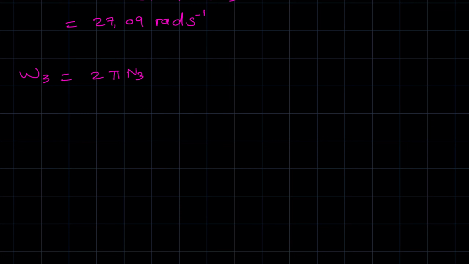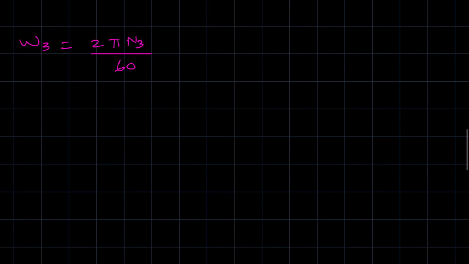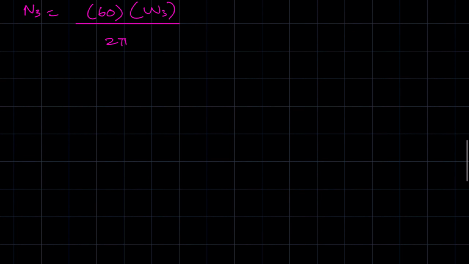Now this has to be in revs per minute, so we divide this by 60. Now all you do is make n3 the subject of the formula. Making n3 the subject, this would be 60 times omega 3 divided by 2 pi.